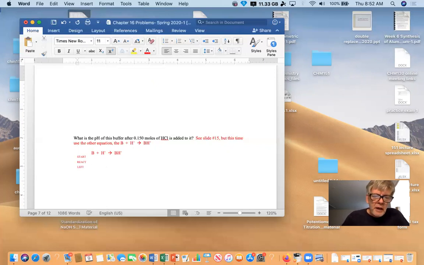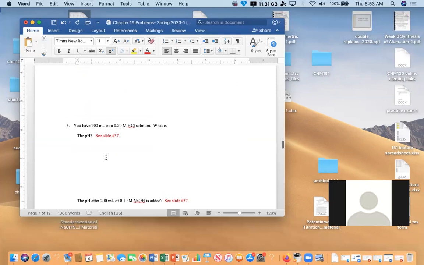If we're left with our base and the conjugate, because this is all used up, it's going to be a buffer problem by Henderson-Hasselbalch. So it should look just like the example on slide 15. But again, we're using the other equation because we're adding a strong acid to our buffer. So we need to use the strong acid reaction of our buffer.